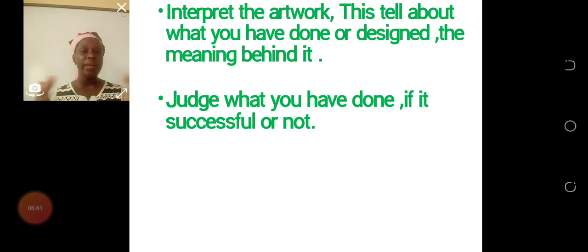So you can compare both of them to see if you have gone beyond it or you have gone below it, or you've done the same thing or it is almost the same. So you look at it and judge for yourself. Then you will see if the artwork is successful or not.